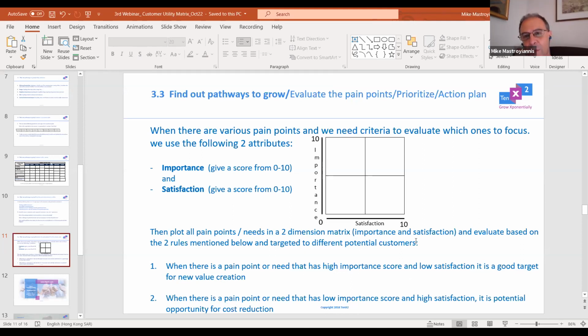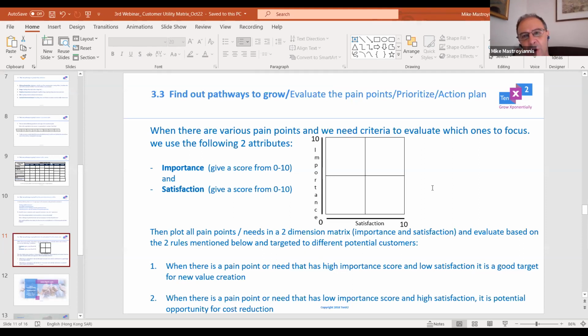So by plotting all the pain points in this square, you can then decide what is more important for you, and you choose the highest importance and the low satisfaction, or the other way around, depending on if you want to create new value or you want to reduce cost, which is normally in every business.